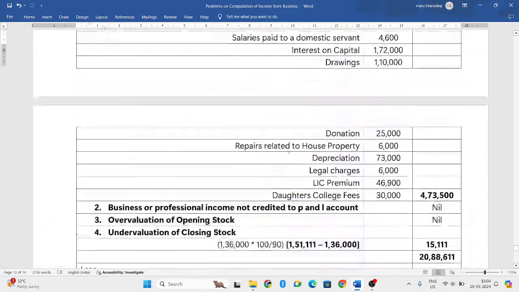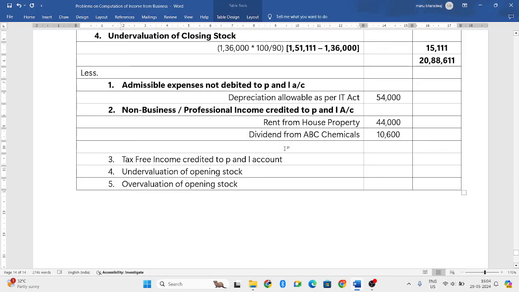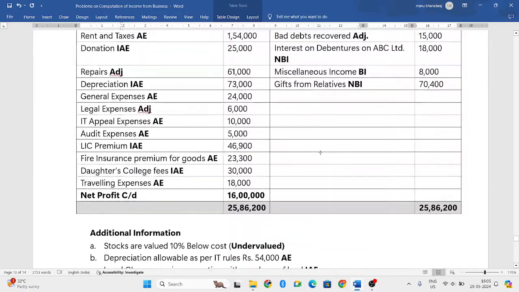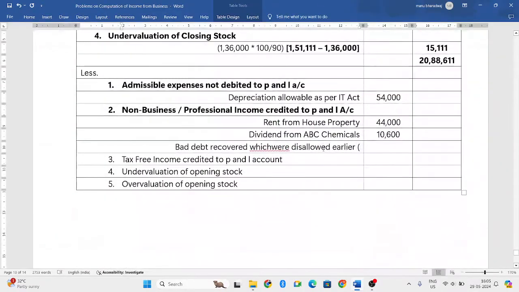So bad debts recovered which were disallowed earlier: the total value of bad debts is 15,000, and 15,000 into 40% gives you 6,000 rupees.